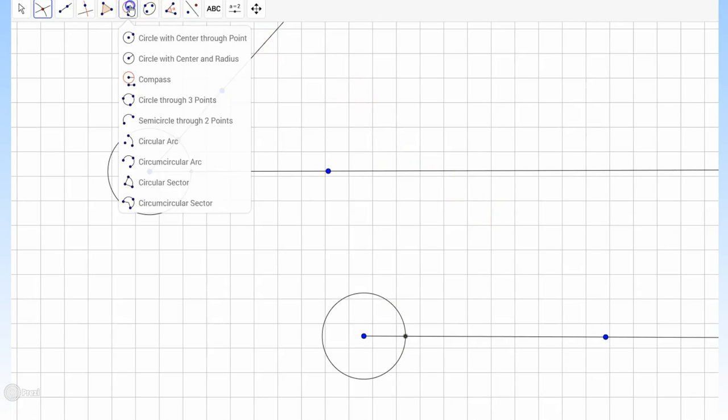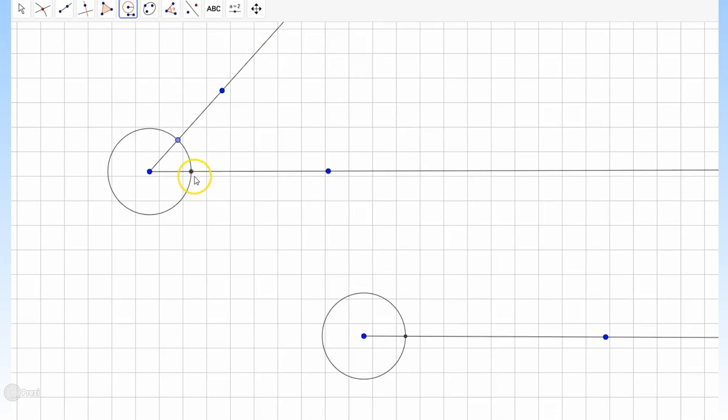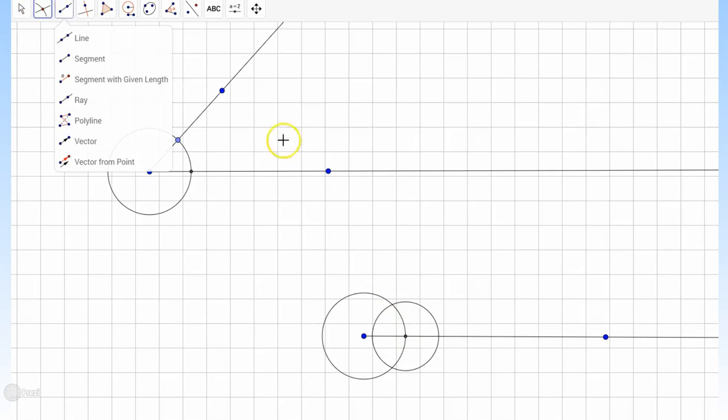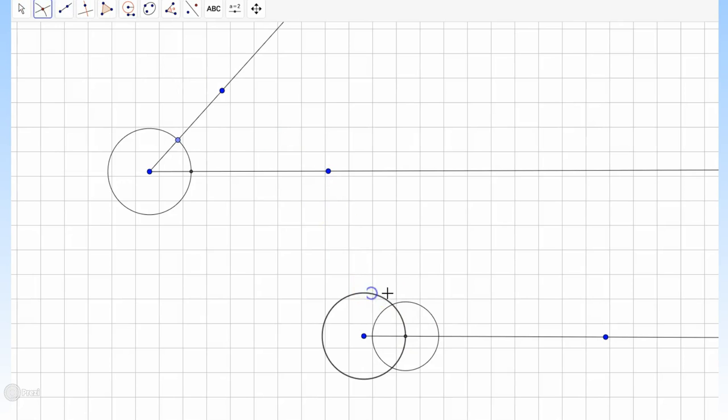Now what I do is I go back to my compass tool and I use as my radius the distance between the two arcs. I'm going to take that and bring it right over here, and I now have my point of intersection, and there it is, and that is where my ray will travel through.